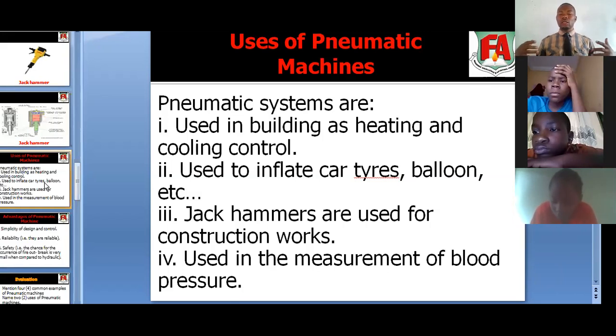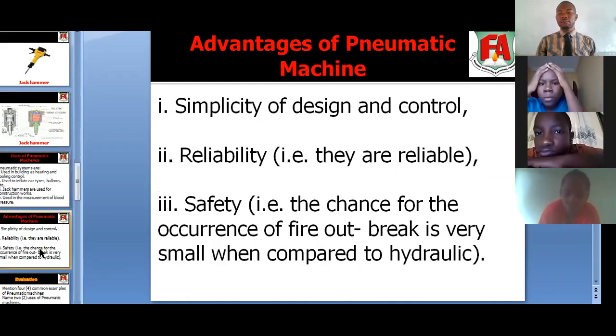When there is heat, they will extract it and make the place cool. It's different from a pneumatic machine. AC is never a pneumatic machine. Is that clear? Any other question? No, sir.